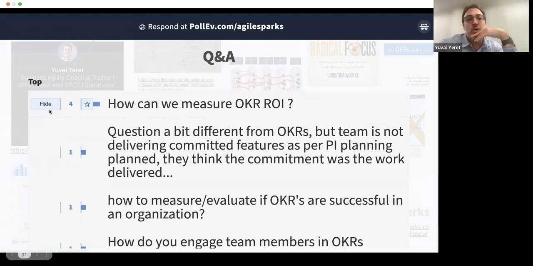How can we measure OKR ROI? So that's a good question. You might look at setting an OKR for your OKRs implementation. So what's the objective? What are we trying to do in the organization through the implementation of OKRs? Typically, it would be we're trying to address some misalignment issues.